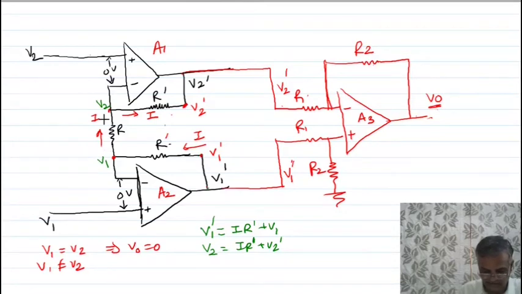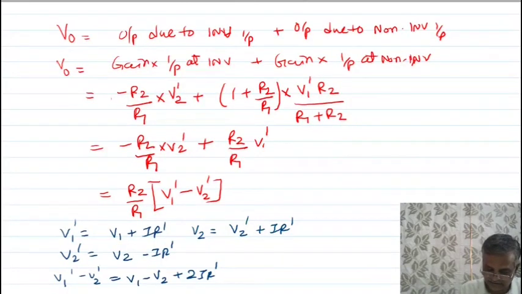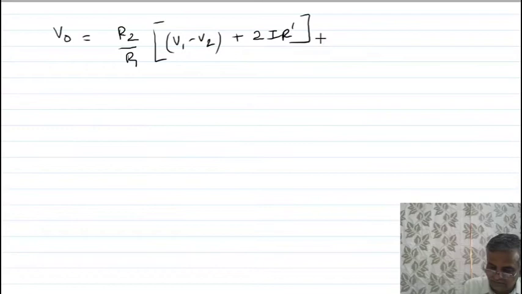Clear cut, this voltage minus this voltage, I is equal to V1 minus V2 upon R. So from this I can easily write, the current I is equal to V1 minus V2 upon R. Current I is nothing but V1 minus V2 upon R.